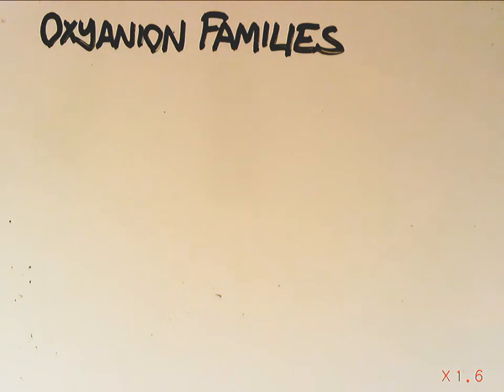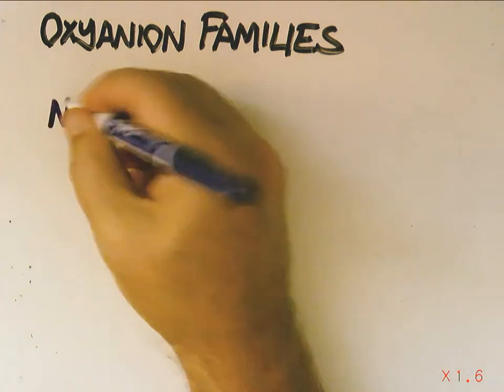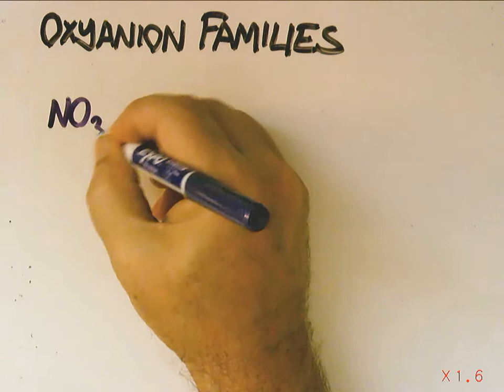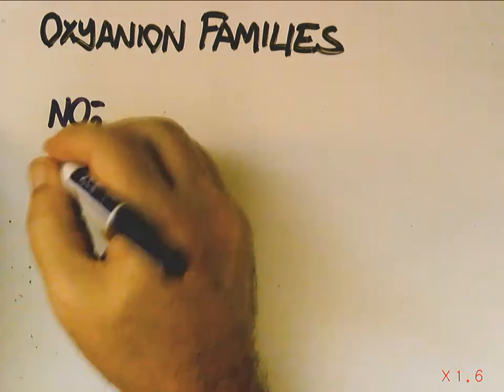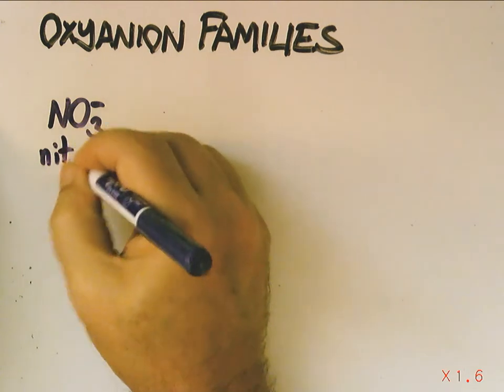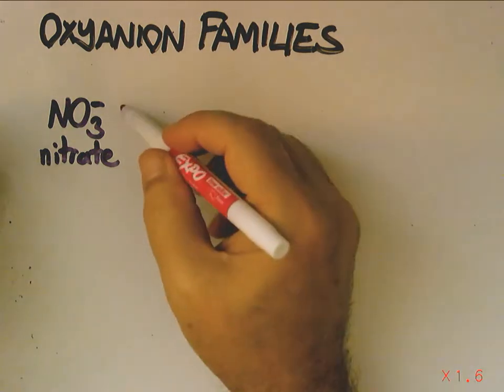Now once you know the ATE ions, you can derive a lot of other ions from them using prefixes and suffixes. Let's see how that works. For example, if I've got nitrate, one thing you can do is take an oxygen off.